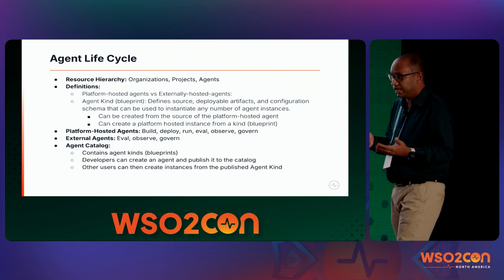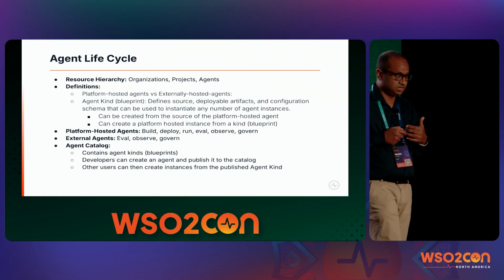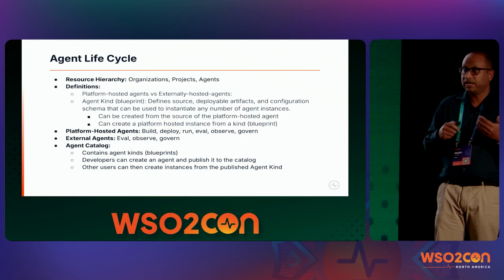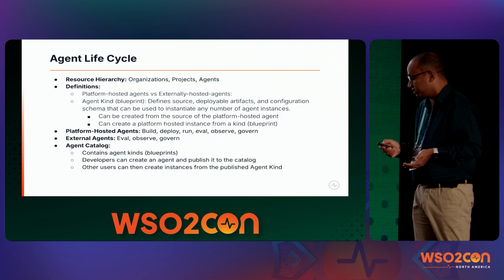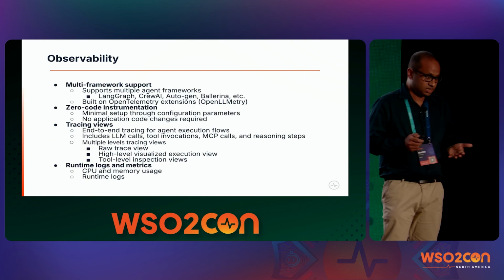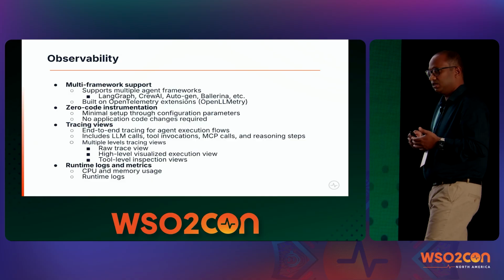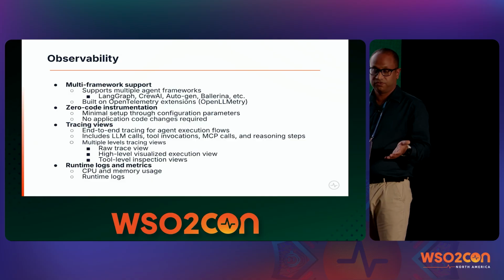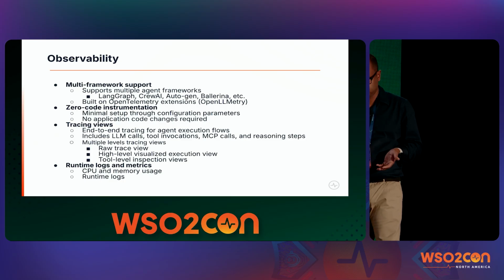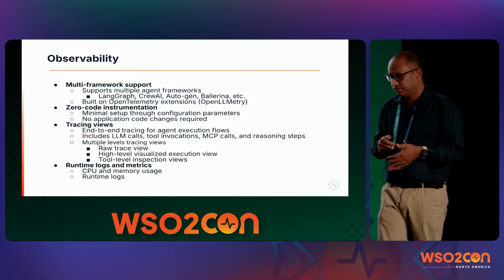Also, there is an agent catalog currently in the product, where you can discover these agent kinds or blueprints. Now, when it comes to observability, we've done a lot of work here. We provide support for multiple frameworks: LangGraph, CrewAI, Autogen, Ballerina.